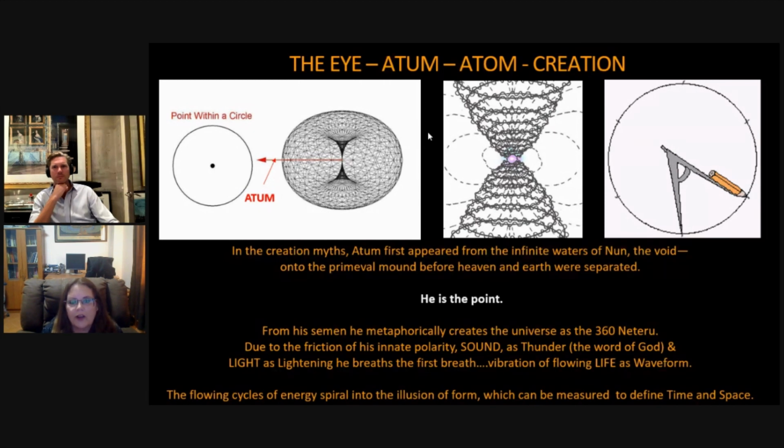Due to the friction of his innate polarity, sound as thunder, the word of God, and light as lightning, he breathes the first breath, vibration of flowing life as waveform. The flowing cycles of energy spiral into the illusion of form, which can be measured to define time and space. There you have it. Sounds a lot like the Big Bang Theory.